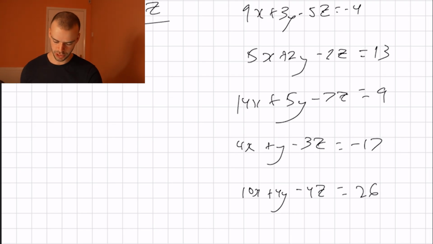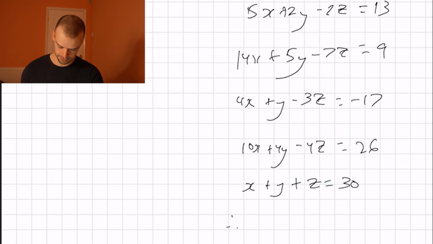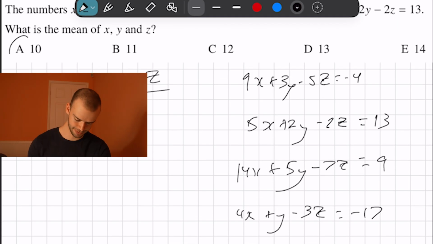And now what happens when we do this equation minus this equation? We would get x plus y, and then minus 4 minus minus 5 is going to be plus 1z. And then we've got 26 minus minus 4, which is 30. Cool. So therefore, x plus y plus z all over 3 is going to be 10. And that is our answer.